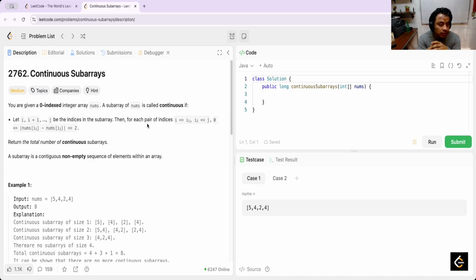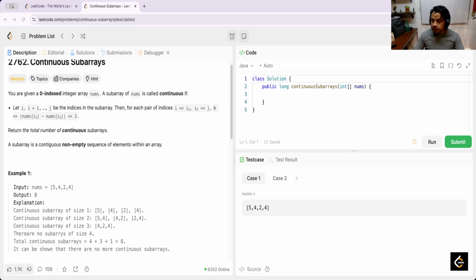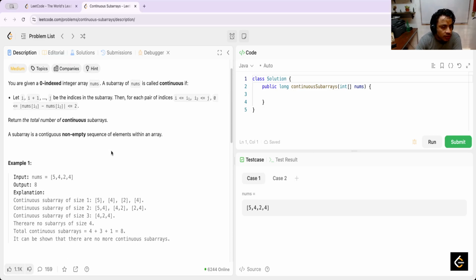Return the total number of continuous subarrays. A subarray is a contiguous non-empty sequence of elements within an array. Sorry, return the total number.